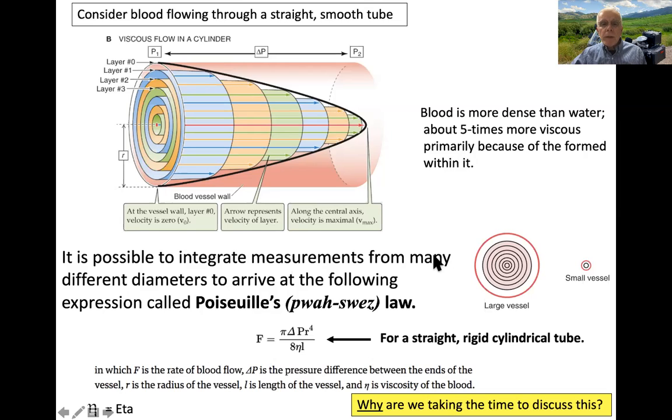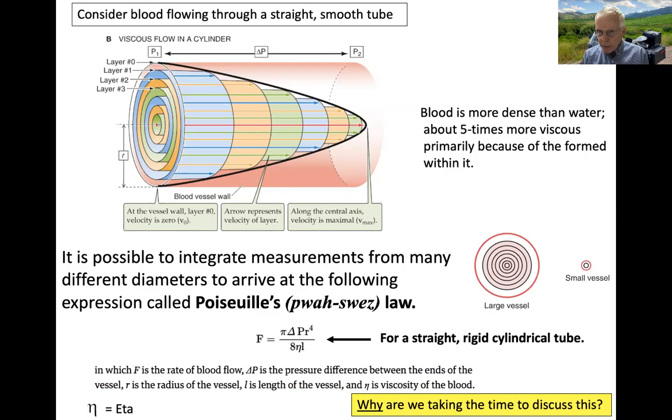we can get a little more complicated with blood flow now, and we can integrate measurements from many different diameters of tubes and arrive at an expression called Poiseuille's law. Now, I'm going to describe this about 4 or 5 different ways, so don't panic, okay? In this first case, I'm looking at flow, and I'll show you a picture of him. I tried to put it on this image, but it wouldn't fit.